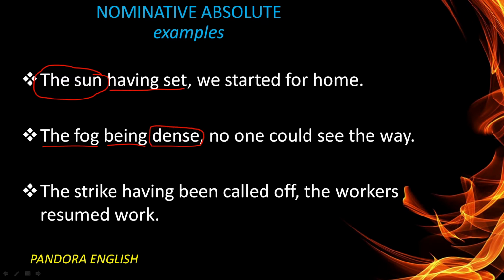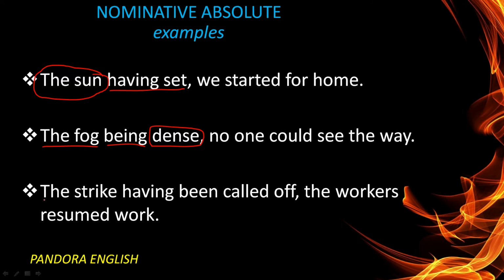These two forming a special phrase which is completely independent of the rest of the sentence, and that is why they are called absolute construction or the nominative absolute. Third example, the strike having been called off, the workers resumed work.